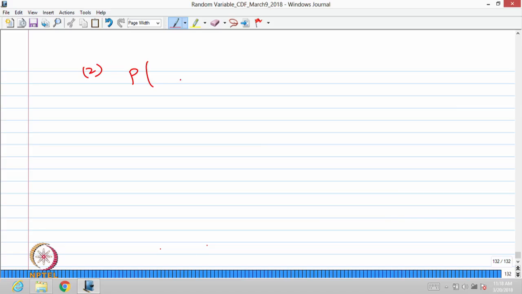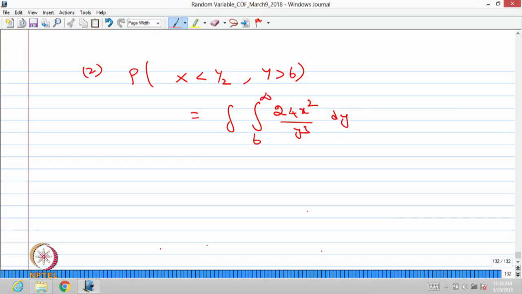Second one, find out the probability that x is less than 1 by 2 and y is greater than 6. So, this is nothing but the double integration of the joint probability density function with respect to y between 6 to infinity, and with respect to x from 0 to 1 by 2.